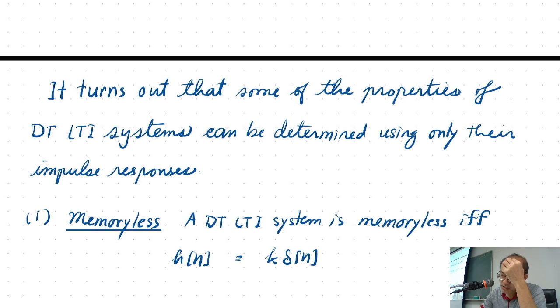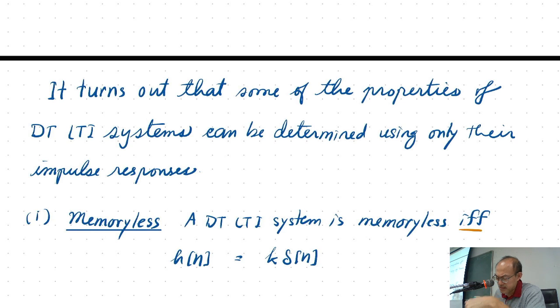So this notation, if and only if, you know what it means? It means necessary and sufficient condition. So memoryless property is equivalent to the impulse response being a multiple of the unit sample function.